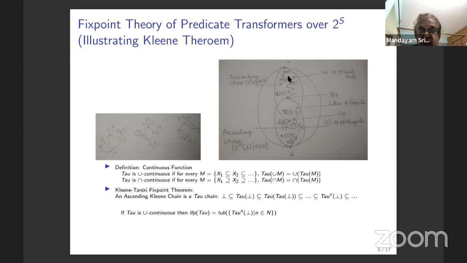But Kleene's theorem says there is a way to get to them by following a particular chain of repeated applications of tau, starting from top to get to the greatest fixed point, or starting from bottom to get to the least fixed point.